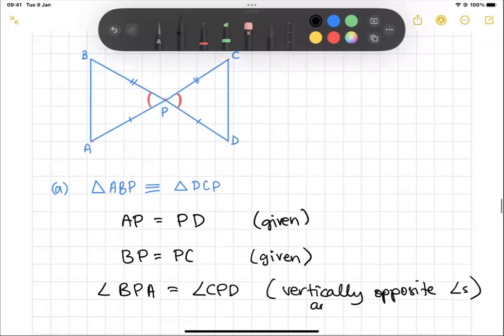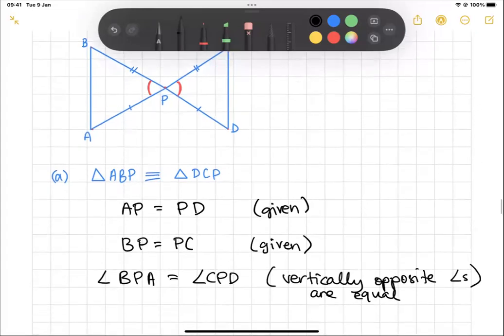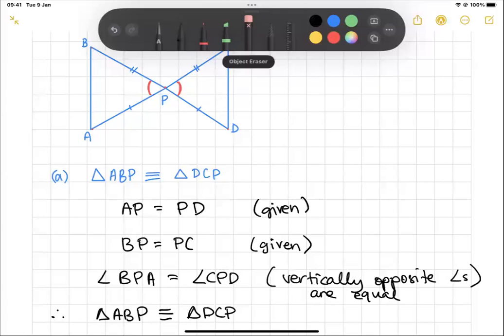Okay, and they are equal. So I'm going to add that those 2 angles are equal. Therefore, triangle ABP is actually congruent to triangle DCP because this part here is a side, the next line is a side, and the last line is an angle.